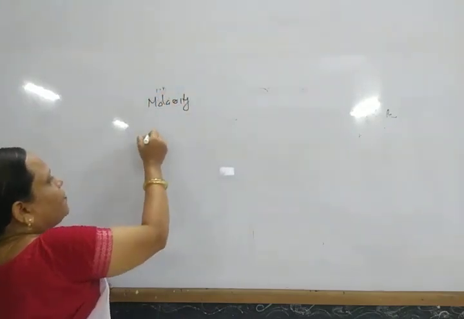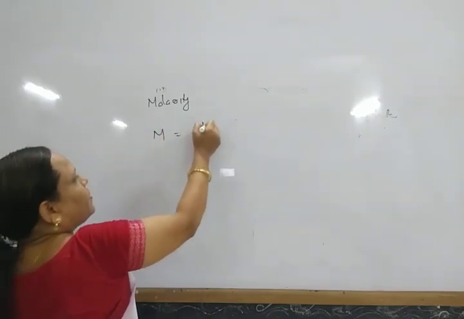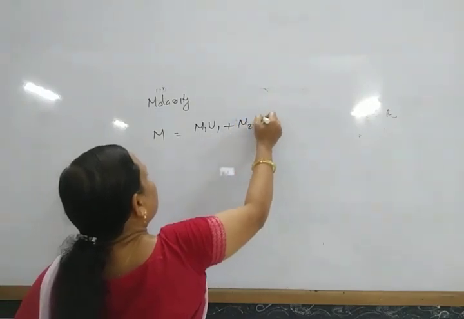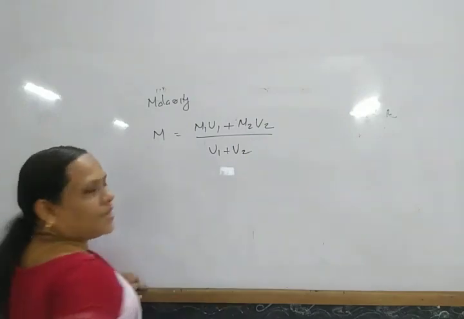If it is expressed in molarity, the concentration of the new solution equals M1 V1 plus M2 V2 by V1 plus V2.